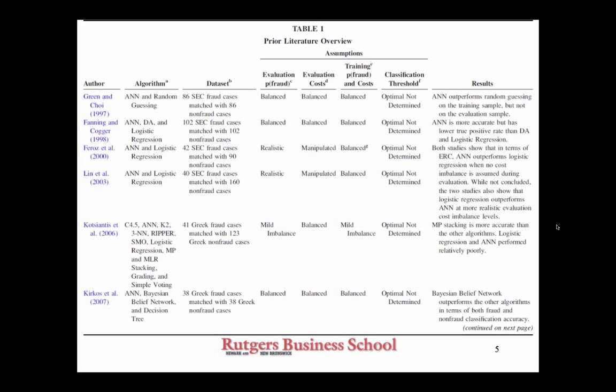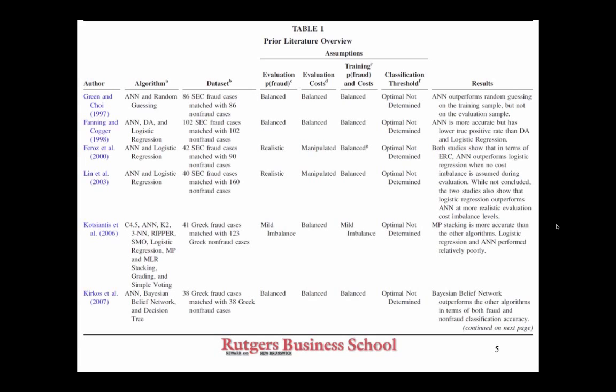So what does he use? He uses three different probabilities of fraud because he doesn't know exactly what the actual probability of fraud in the population is. He cites a number of sources that seem to have a consensus that the probability of financial statement fraud in the population is 0.6%.